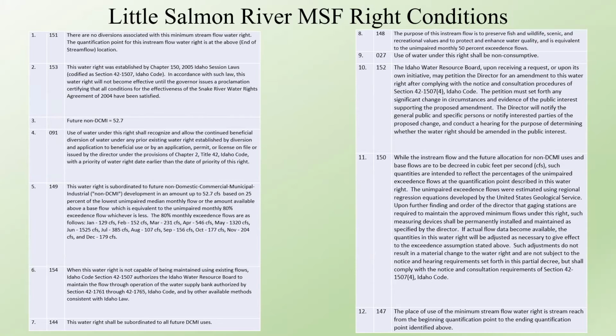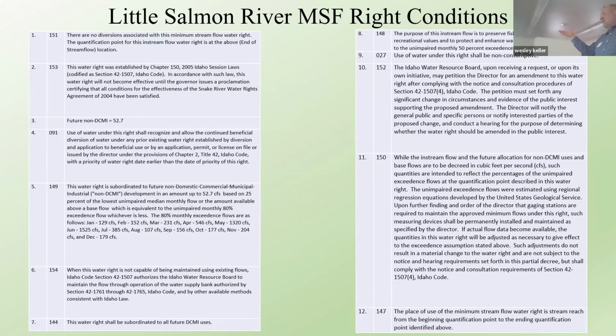So essentially what that's saying too is that we do have a tracking system for the Little Salmon River drainage, to where, since this was initiated, another 52.7 CFS can be appropriated for uses besides the domestic, commercial, municipal, and industrial, and those new water rights would essentially still be considered senior to this water right if they're within that accounting, prior to meeting that 52.7.